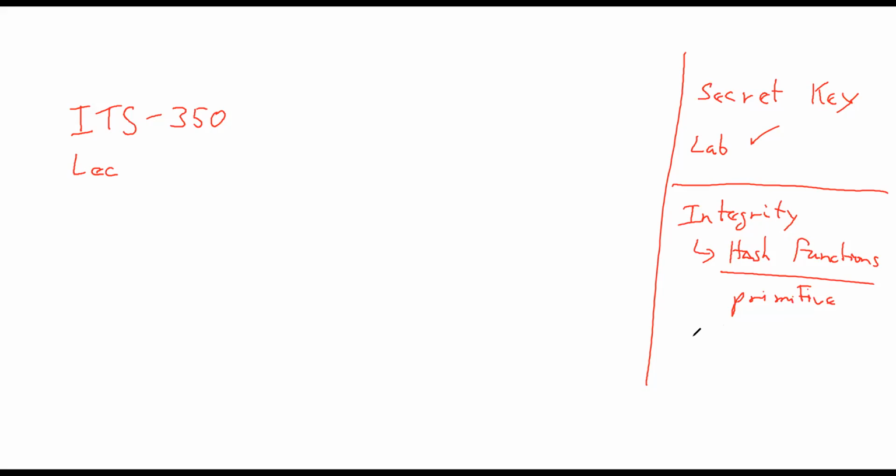That's chapter 22. For those of you that like reading along, I would recommend that for this week, for integrity and hash functions, you read chapter 22, called One-Way Hash Function, although I'll explain a lot of this in the class.